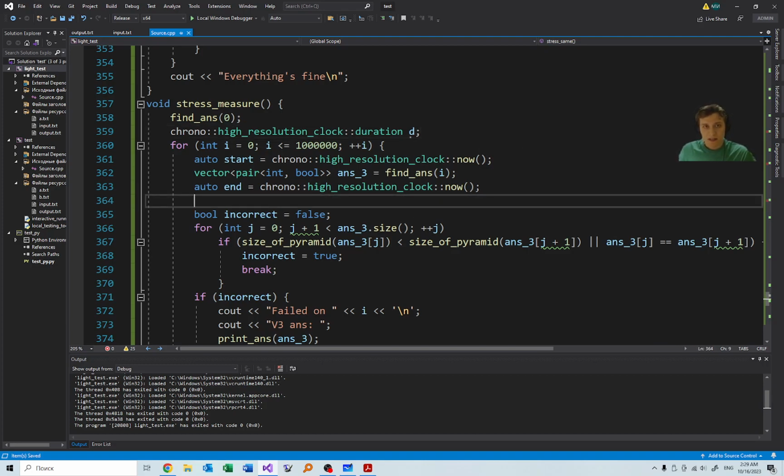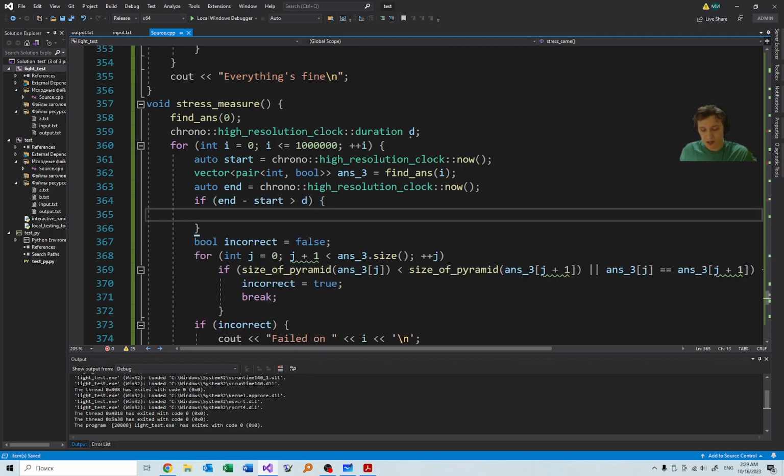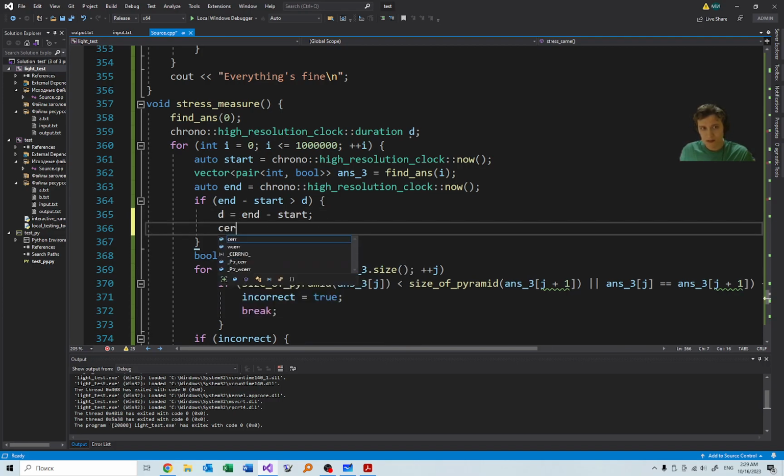So we say that d equals maximum of d and n minus start. If n minus start is greater than d, we print new maximum d milliseconds.